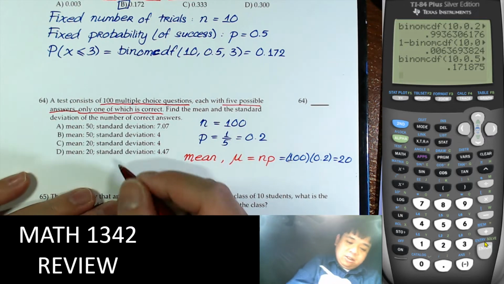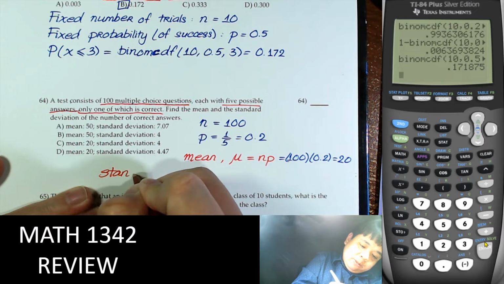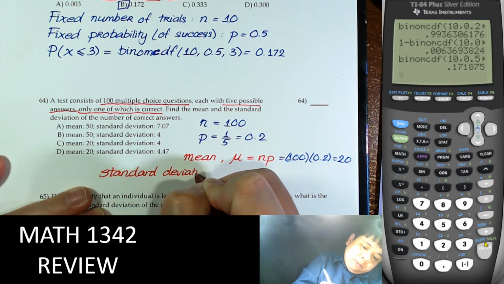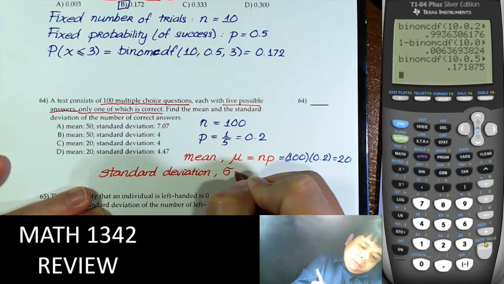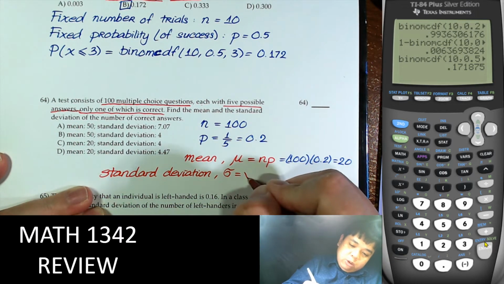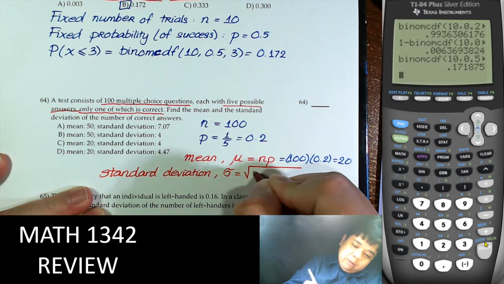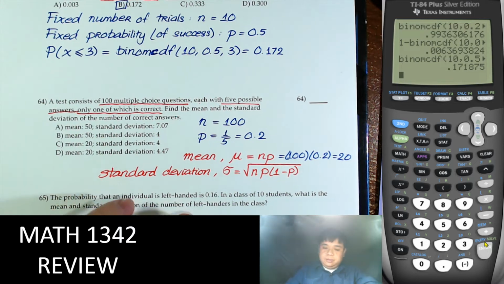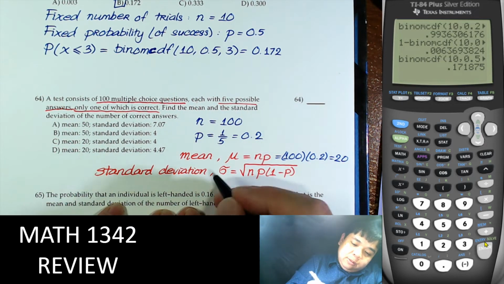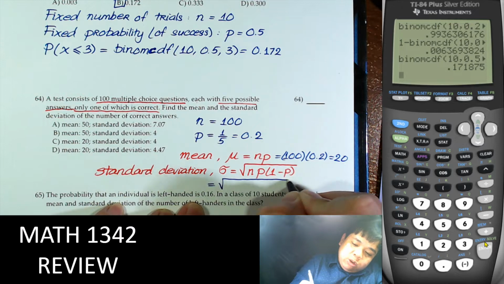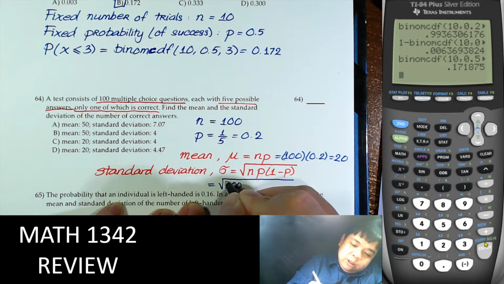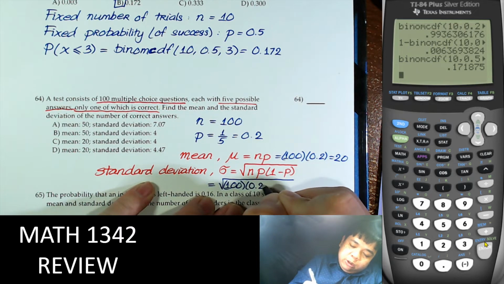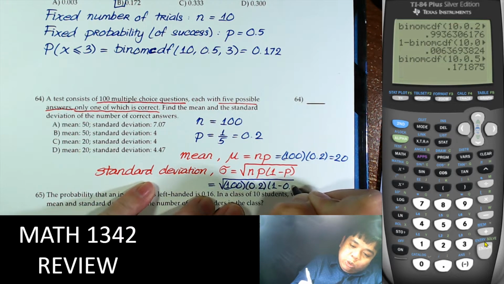Standard deviation. It's the square root of n times p times 1 minus p. So we have the square root of 100 times 0.2 times 1 minus 0.2, which is 0.8.